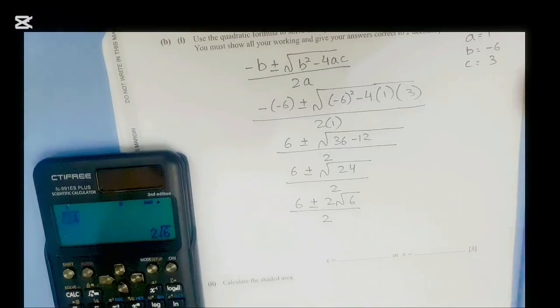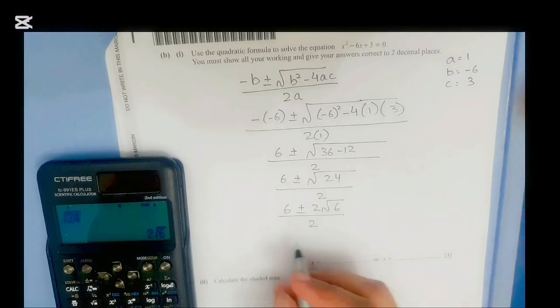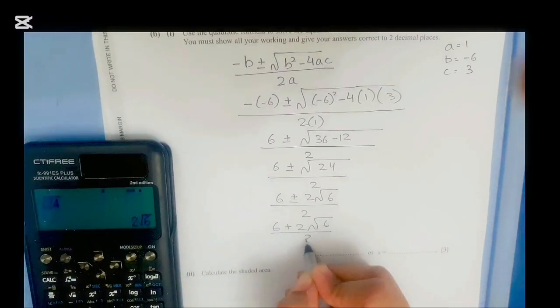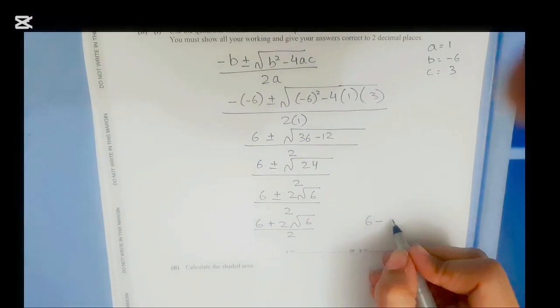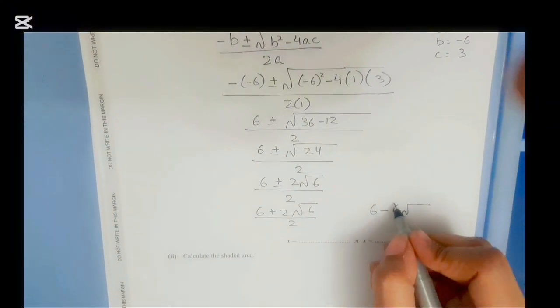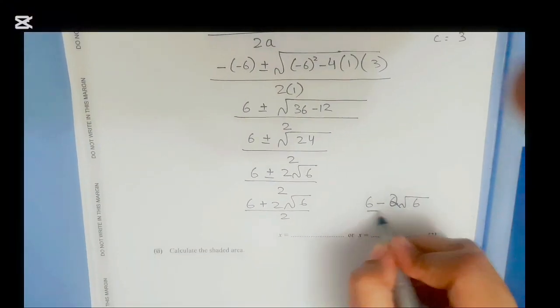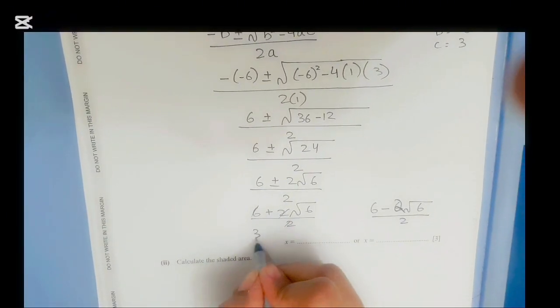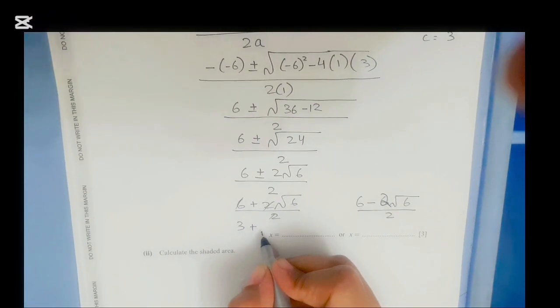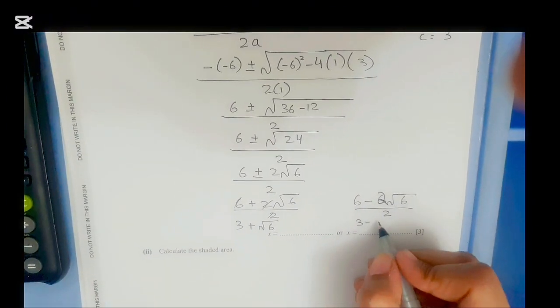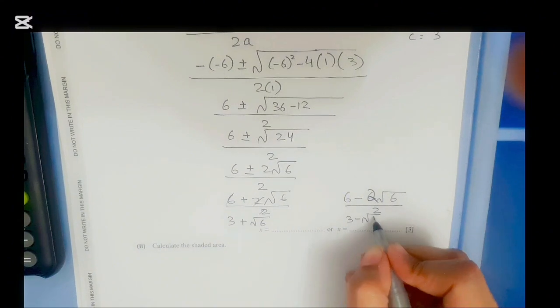So we have to find out two values of x. So 6 plus 2 root 6 upon 2 and 6 minus 2 root 6 upon 2, and we can cancel from here, so it would be 3 plus root 6, and here 3 minus root 6.